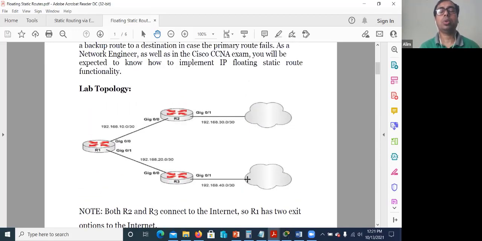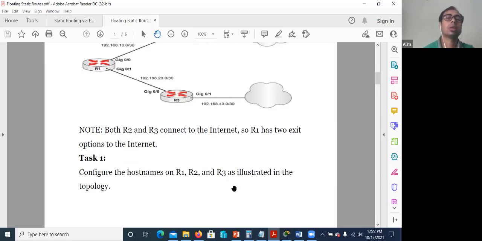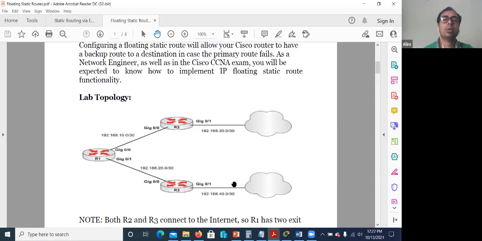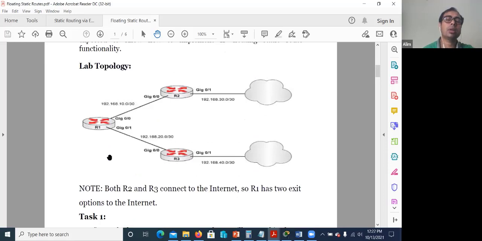You will do it yourself because here the static route is used, which we discussed right now. From your router R1, you will configure a default route to R2, which is one ISP router. R3 is another ISP router.